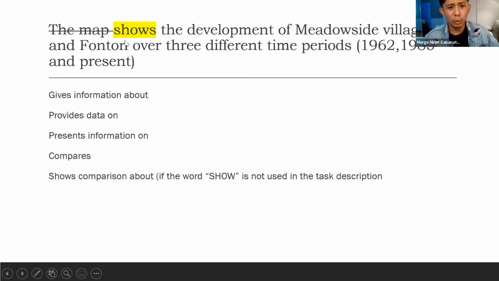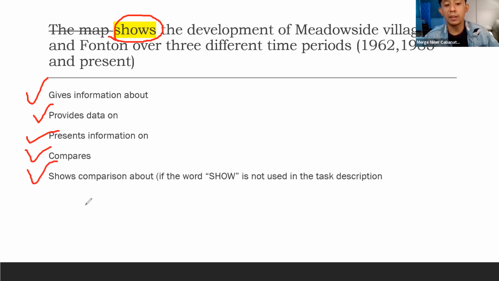Now, we will check about shows. You can replace shows with either of the following: gives information about, provides data on, presents information on, compares, shows comparison about.